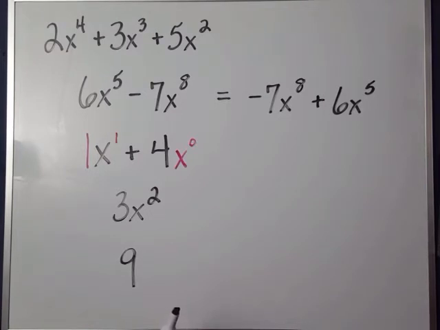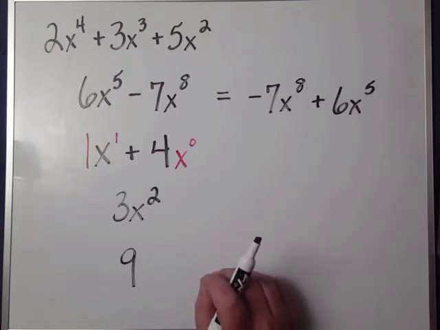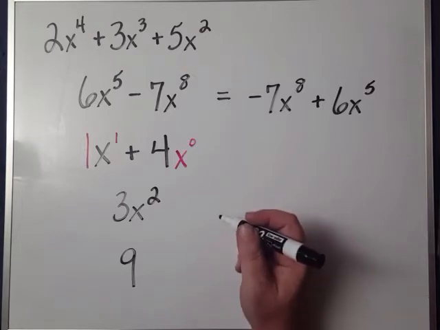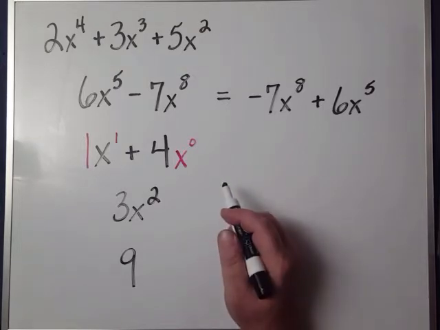At the bottom of this page, we define the degree of a term and the degree of a polynomial. It says the degree of a term is the sum of the exponents on the variables. It goes on to say the degree of a polynomial is the greatest degree of any non-zero term of the polynomial.